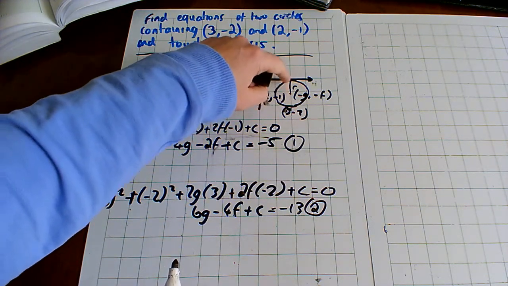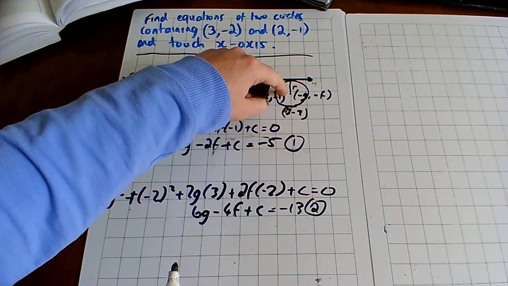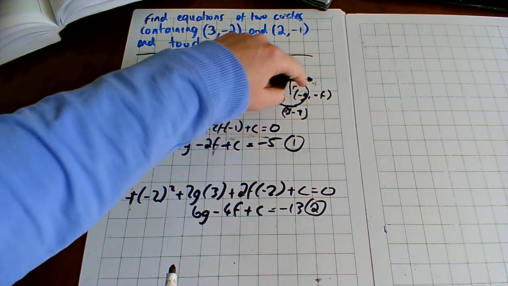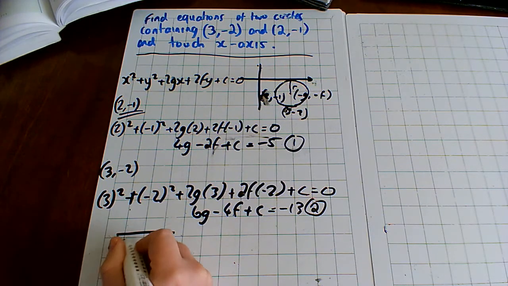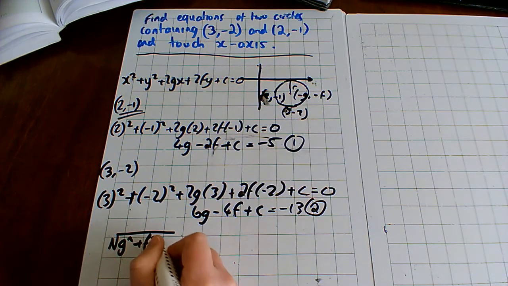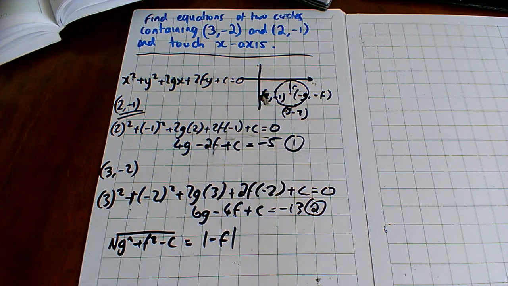So the radius, this distance, is equal to the y value. Okay? So the radius is equal to this value, the minus f. So what we say is the radius, the square root of g squared plus f squared minus c, is equal to minus f.